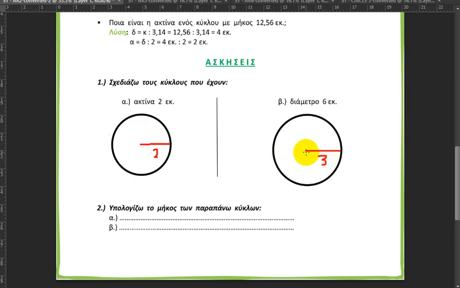So that the diameter, the whole thing, can be 6. Next up, we want to find the circumference of these circles. So the whole thing, it's like the perimeter, but the perimeter of the circle has a special name. It's called the circumference. So the circumference of this circle is going to be what?